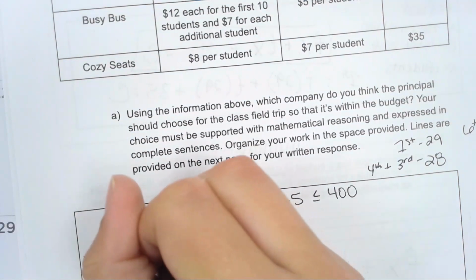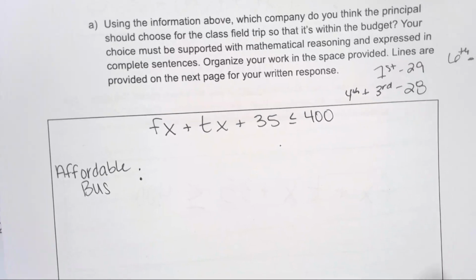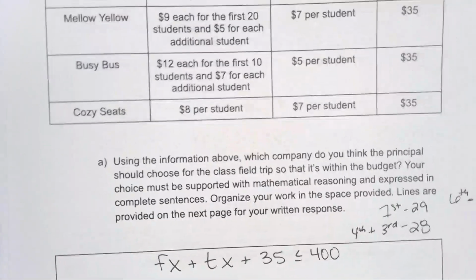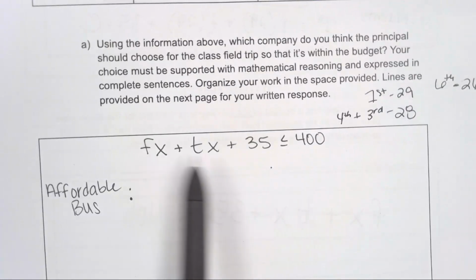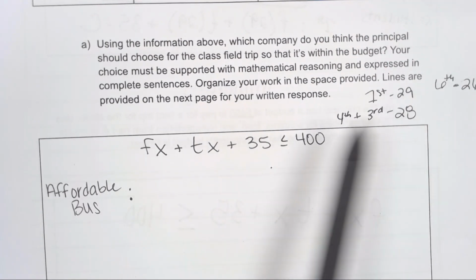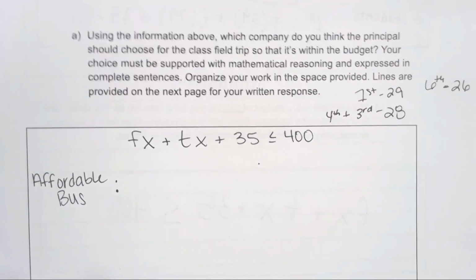All right, so for the affordable bus, it said that the cost of transportation was $7 per student and the cost of food was $10 per student. So what I'm going to do is plug in these dollar amounts into my equation for food and transportation, and then I'm also going to plug in my number of students for X, and then I'm just going to solve to see how much it would cost.